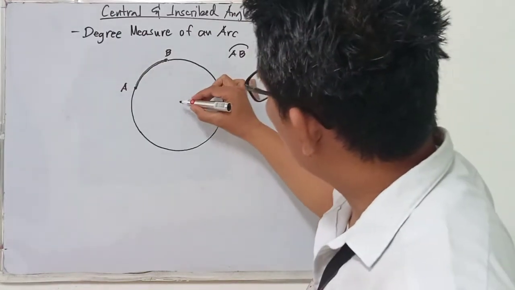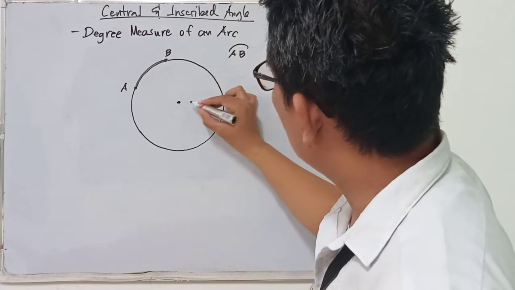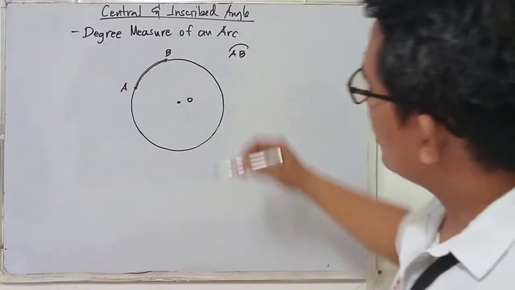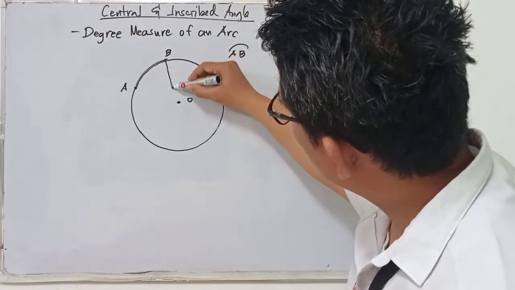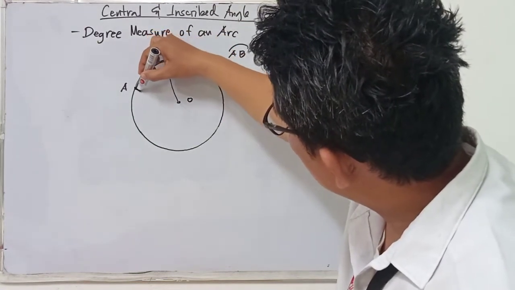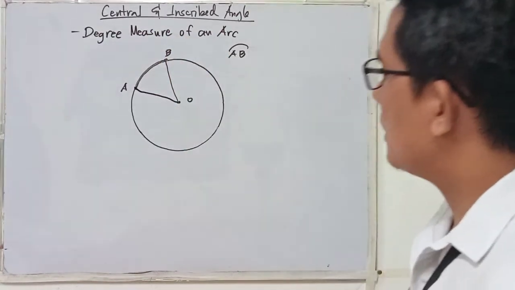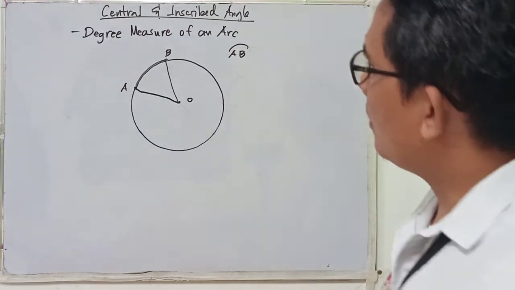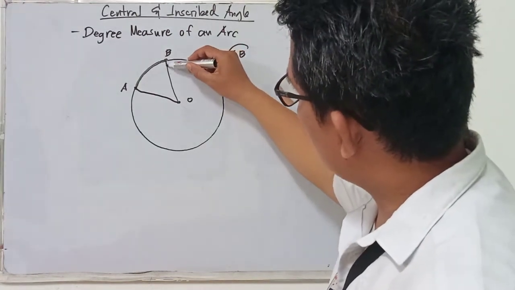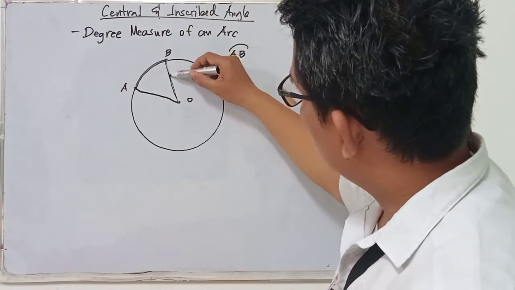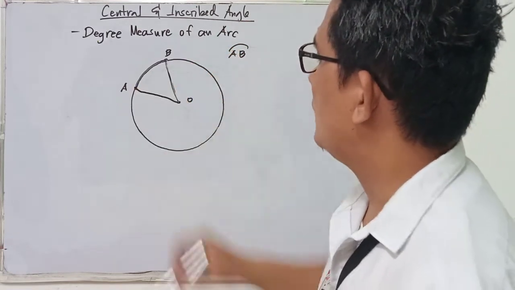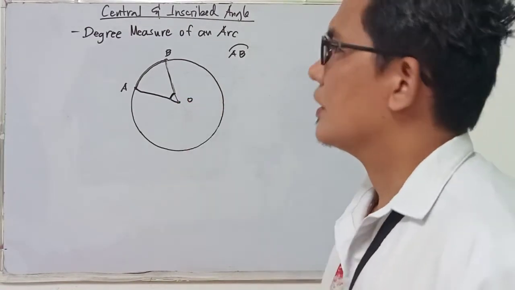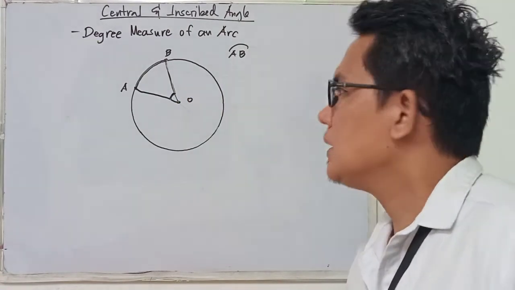So say for example here, if we have this center here, let us name this O, our circle is O. If we connect the segments there, this segment is a radius, this is also a radius. So what kind of angle is this one? That is the central angle.